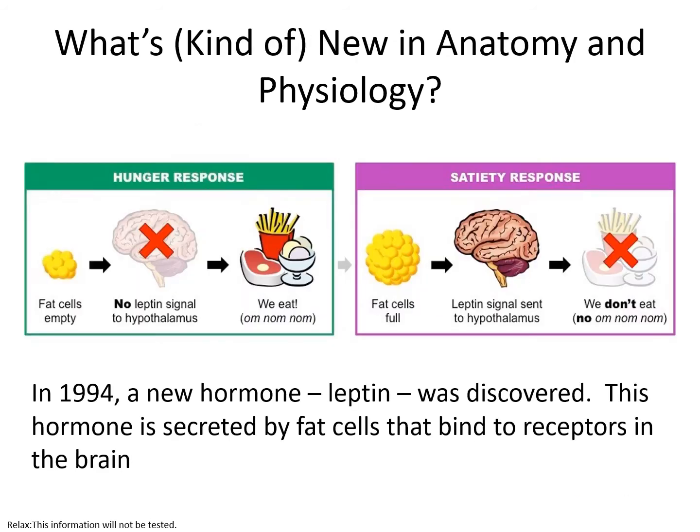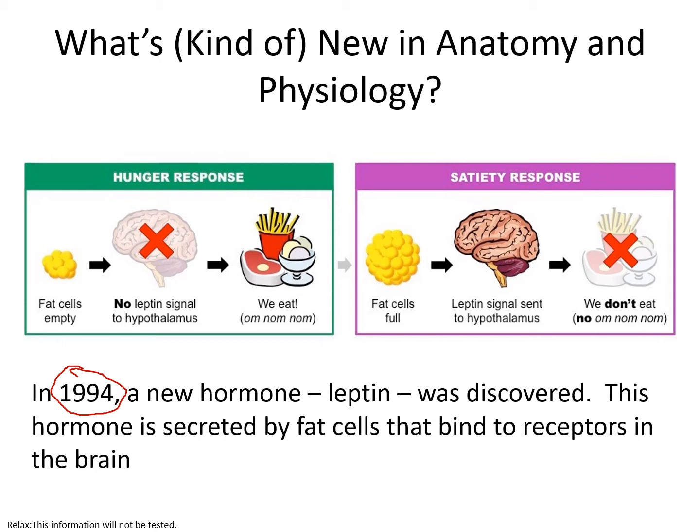All right, so this is another thing that's a little bit new. Again, it's not that new. This is 1994, and some of you have maybe even been born around this time or after. There was a new hormone called leptin, a hormone that's secreted by fat cells. The fat cells in your body are constantly secreting leptin, and leptin binds to receptors in the brain and makes it so that we don't eat.